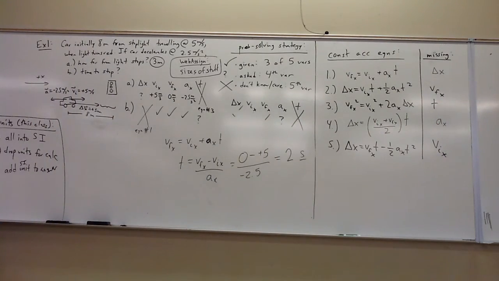Which, by the way, you can't always do it in your head, but in this case you can, because look at this, right? What's the definition of acceleration? This is going to remove 2.5 meters per second every second. So after the first second, it's taken away 2.5. After the second second, it's taken the rest away. So it took 2 seconds.